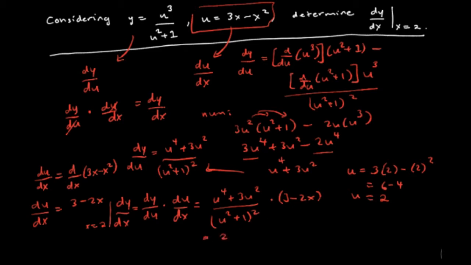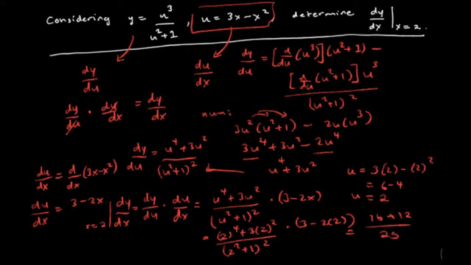If I plug this in, you get 2 to the power 4 plus 3 times 2 squared, over 2 squared plus 1 squared, times 3 minus 2 times 2. That's going to give us 16 plus 12 over 4 plus 1, which is 5 squared, which is 25.